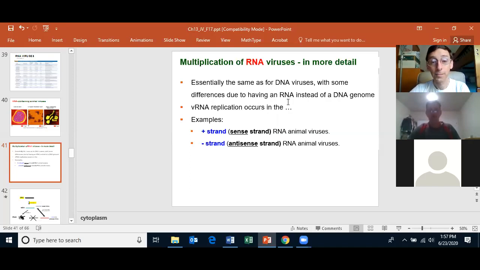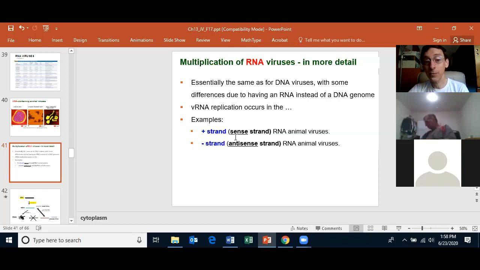It's just that you're making RNA instead of DNA. There are some differences, though, when we're talking about single-stranded RNA viruses. There are two types: the positive strand, single-strand RNA virus, and the negative strand, single-strand RNA virus.